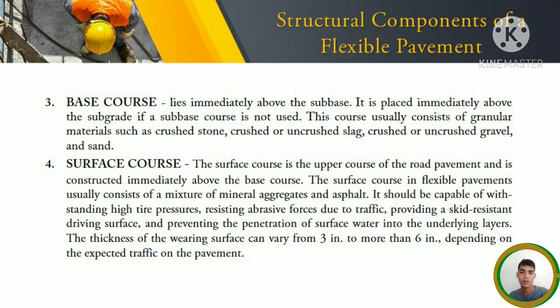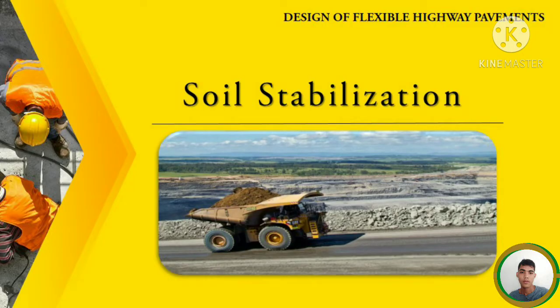It should be capable of withstanding high tire pressures, resisting abrasive force due to traffic, providing a skid-resistant driving surface, and preventing the penetration of surface water into the underlying layers. The thickness of the wearing surface can vary from 3 inches to more than 6 inches depending on the expected traffic on the pavement.